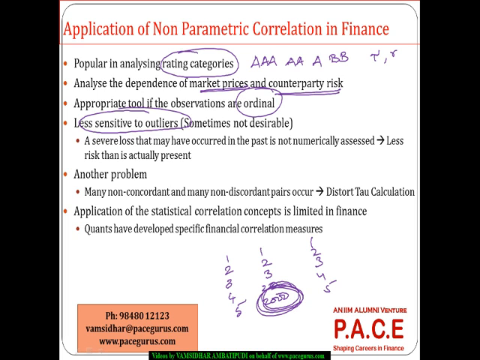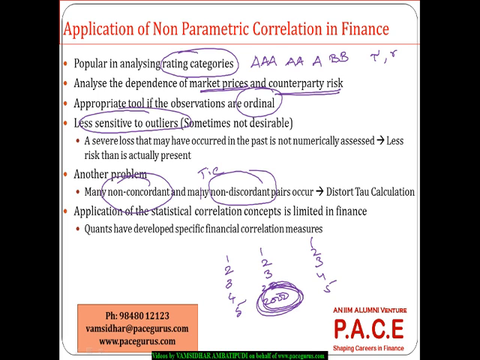At the same time, especially when I am going with Kendall's tau, if there are many non-concordant and non-discordant pairs, they distort the entire tau calculation itself. Especially if I have too many ties, whatever calculation we are doing becomes more and more distorted.